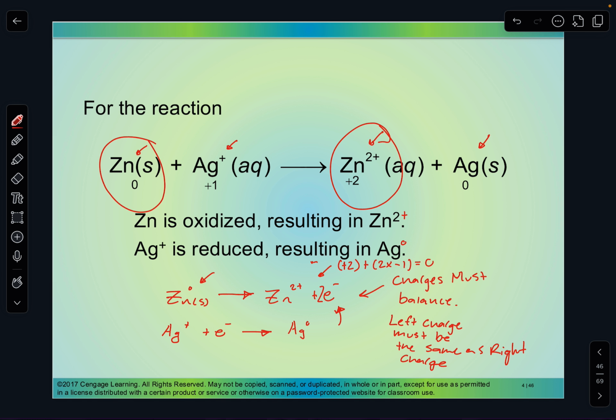So if you have zinc producing 2 electrons, but silver accepting 1 electron, then we're going to multiply this by 2 times. And so that's going to end up with 2Ag plus 2e minus goes to 2Ag0. And so this is our new reaction, and now we have a balancing of electrons on both sides.